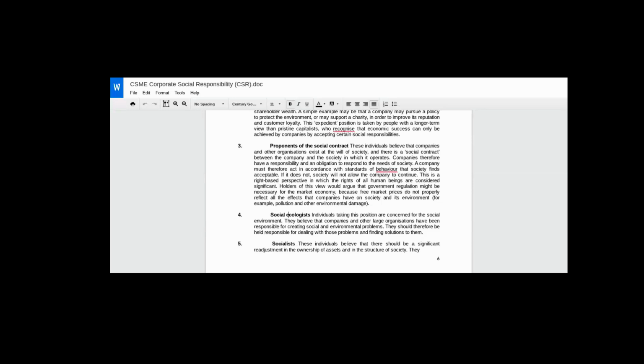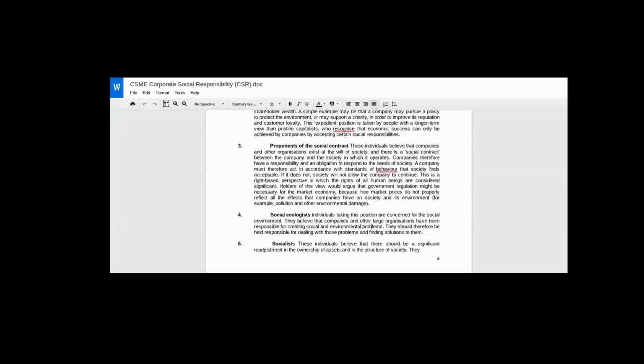So look at the social ecologist view. They said individuals taking this position are concerned for the social environment. Why? They believe that companies and other large organizations have been responsible for creating social and environmental problems. Can you see?